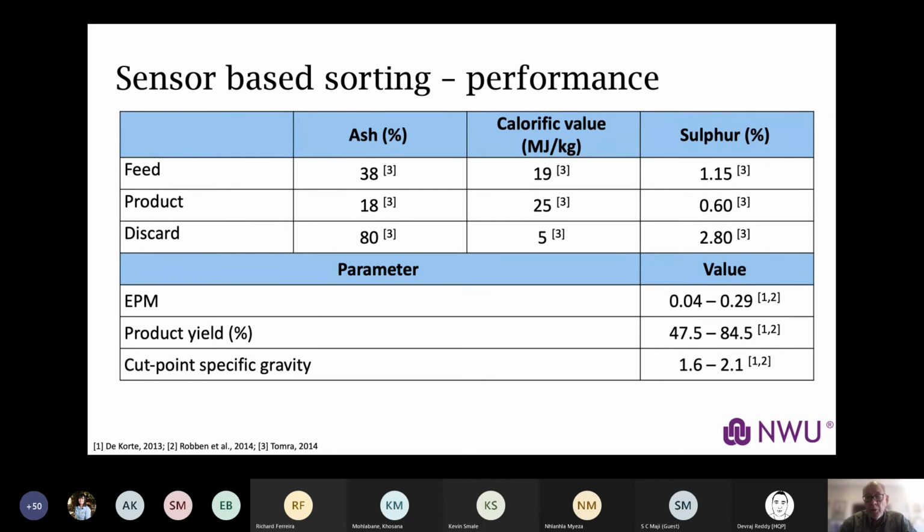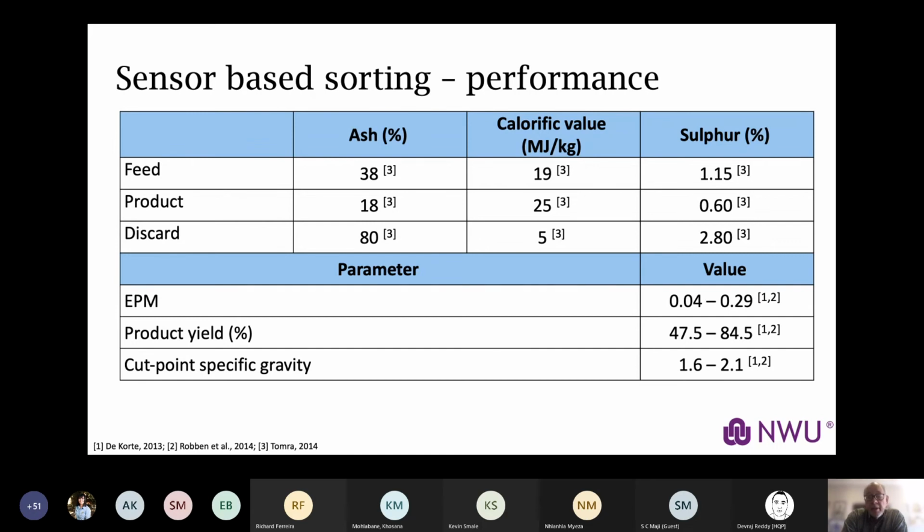Now, again, don't hold us to some of these numbers, because you will notice that the numbers, especially the performance parameters at the bottom, range over a fairly wide range, and these are the numbers that were presented in literature. So one can get EPMs of pretty low, 0.04, and then ranging up to 0.3. The yields are from medium to actually very, very good.